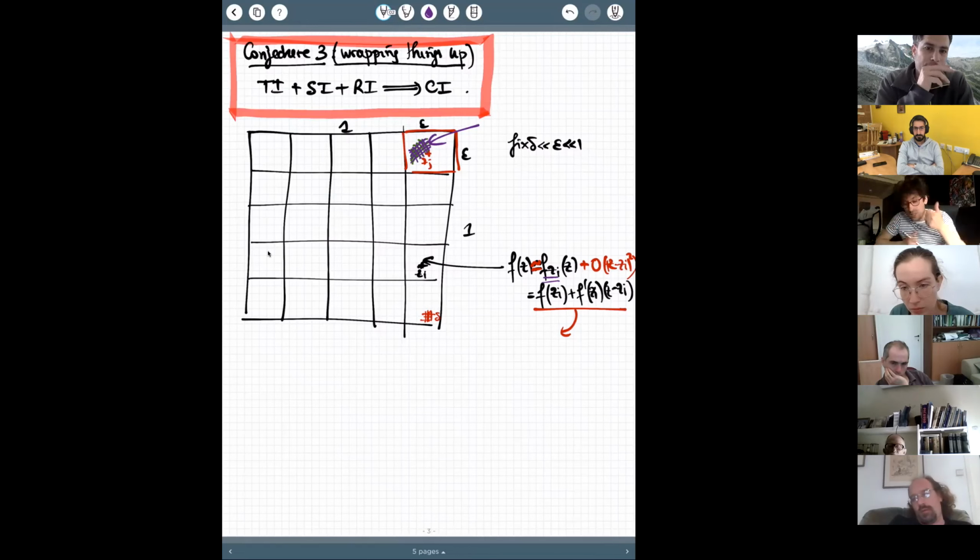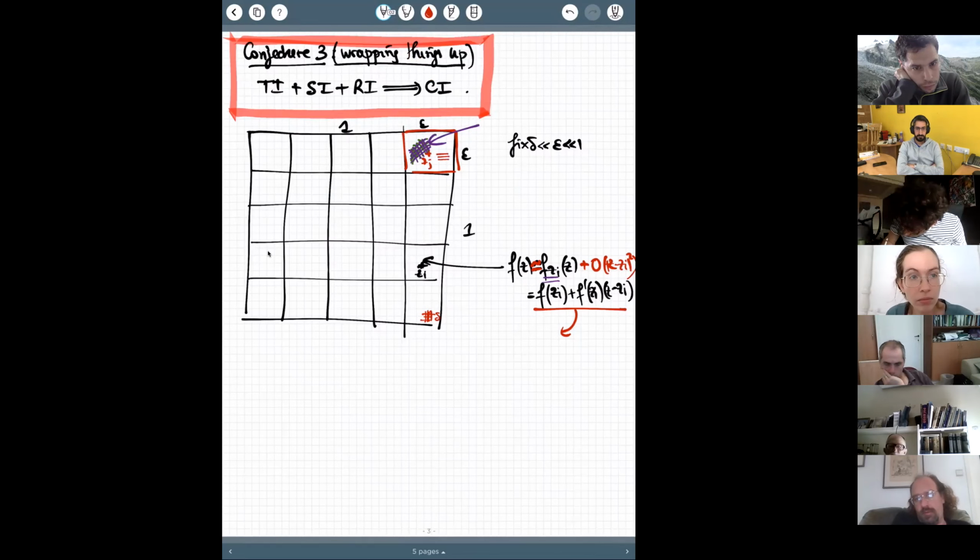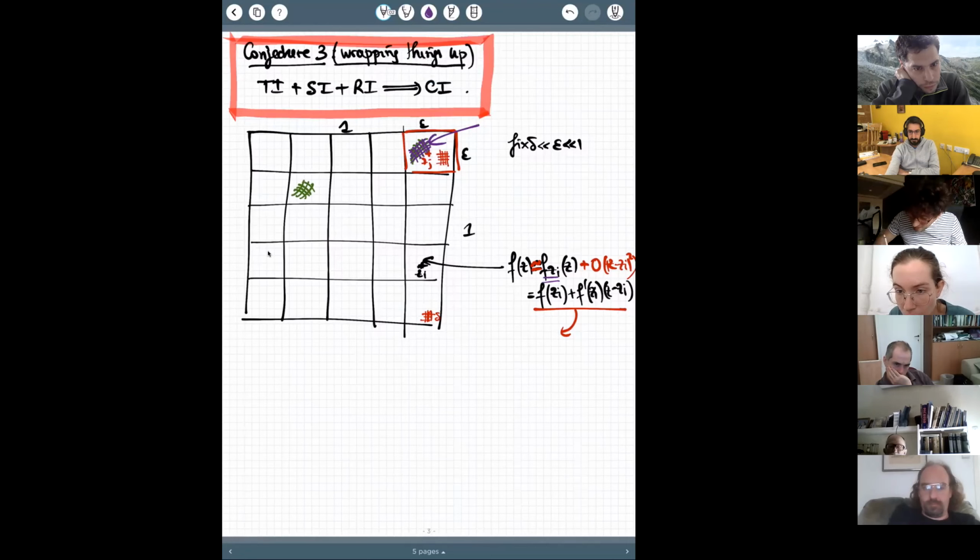If I already have translation, scaling, and rotation invariance, then when delta is tiny I can replace for free the violet lattice by the original red lattice that I want to compare to. I want to compare the green lattice to the red lattice, so by going through the violet lattice, going from violet to red is trivial. I can do this approximation in all the boxes: I always pass by the corresponding linear approximation, and then I couple with the original red lattice.